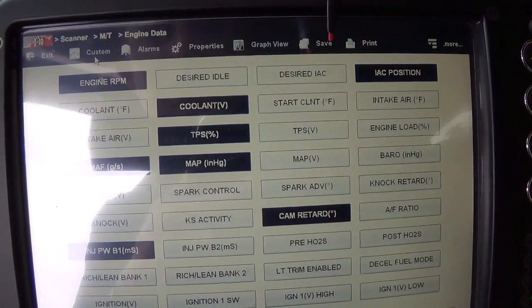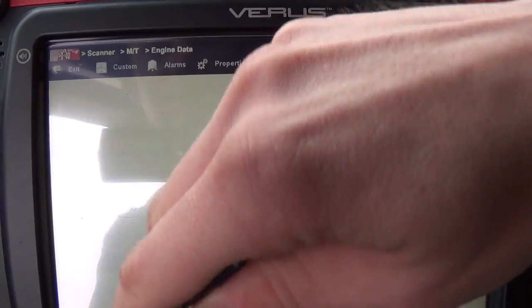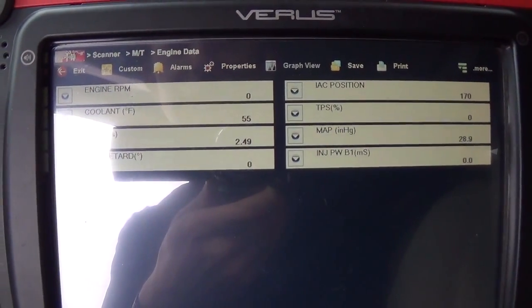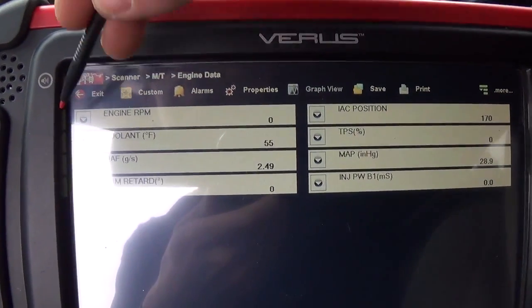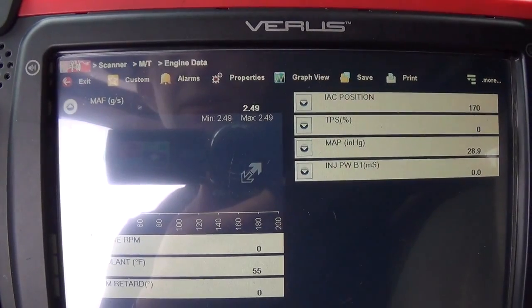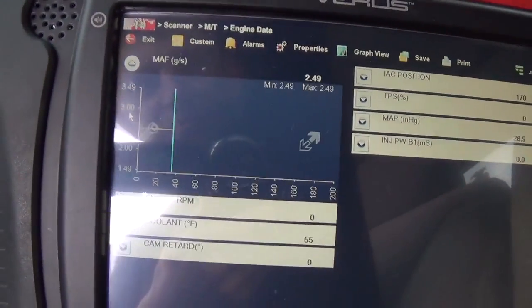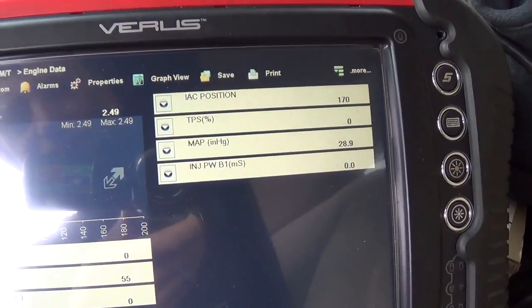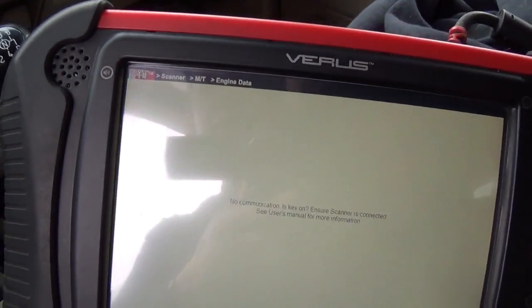Do they have a coolant Fahrenheit degrees? That's what we want. See if that is accurate. 55 degrees, yep. MAF grams per second. Why is that at 2.49? MAP is at 28.9. Okay. You got nothing. All right, guys.